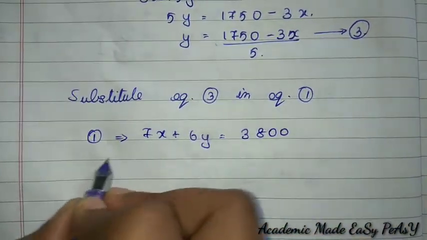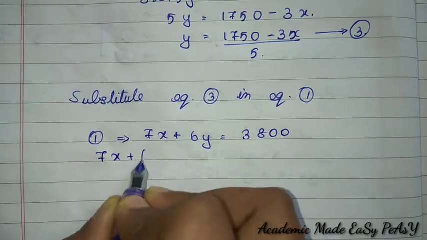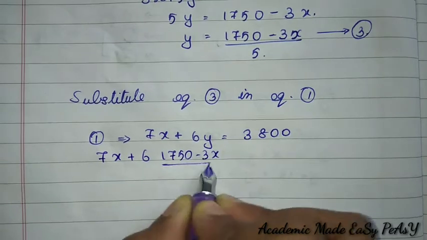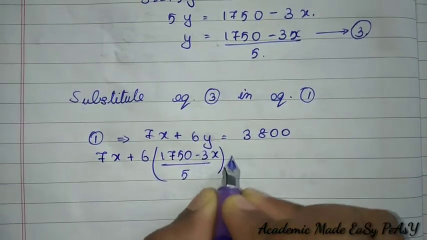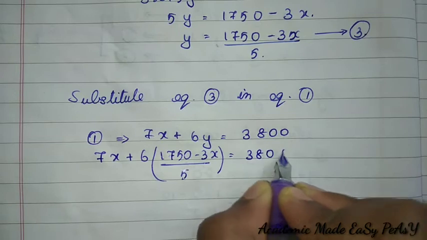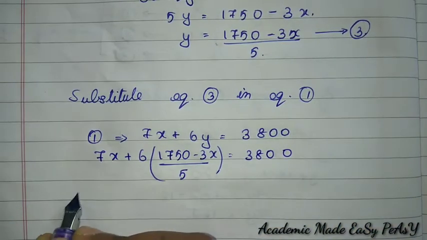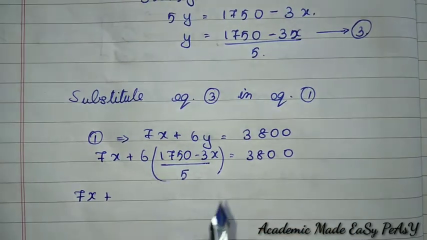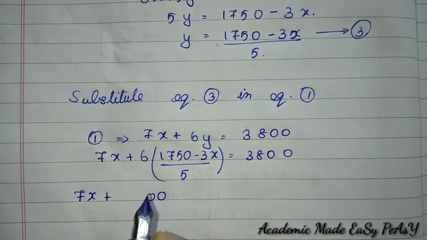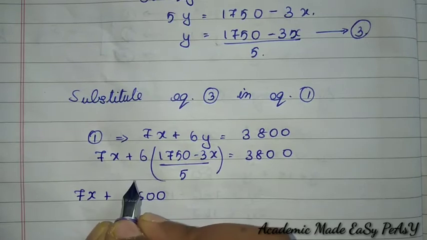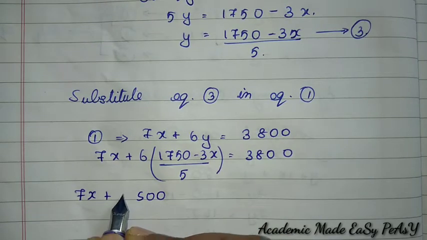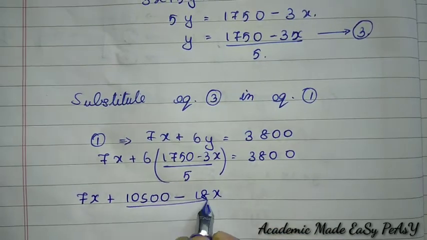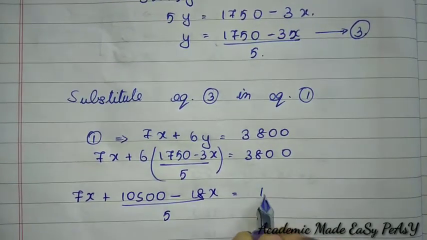So 7x plus 6 into (1750 minus 3x) divided by 5 is equal to 3800. So 7x I will have as it is. So 6 into 1750 is 10,500, minus 18x divided by 5 is equal to 3800.